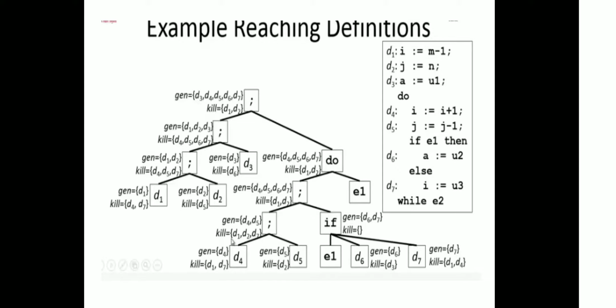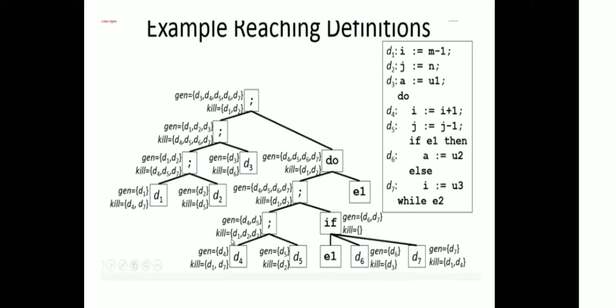At the semicolon we are going to start. So d1, d2, d3, there are a number of definitions. d1 is in this block, then there is d2, then after that d3. Then after that the do statement, then semicolon, expression, d4, d5. Likewise we are going to compute.